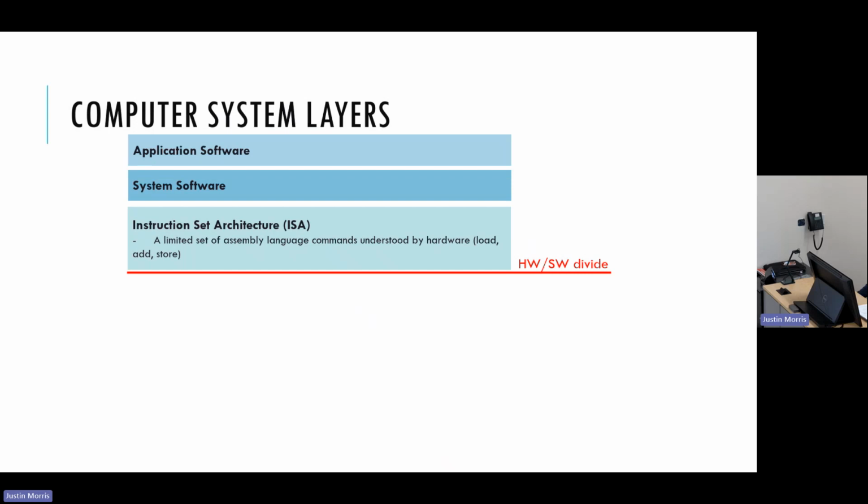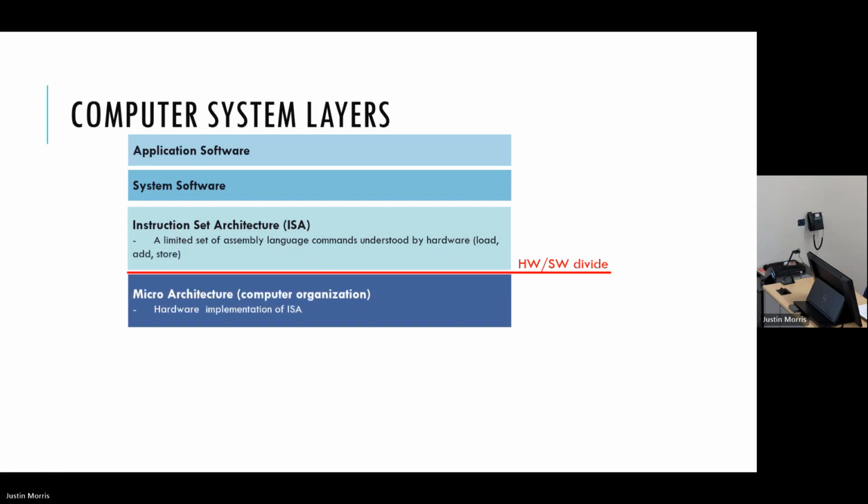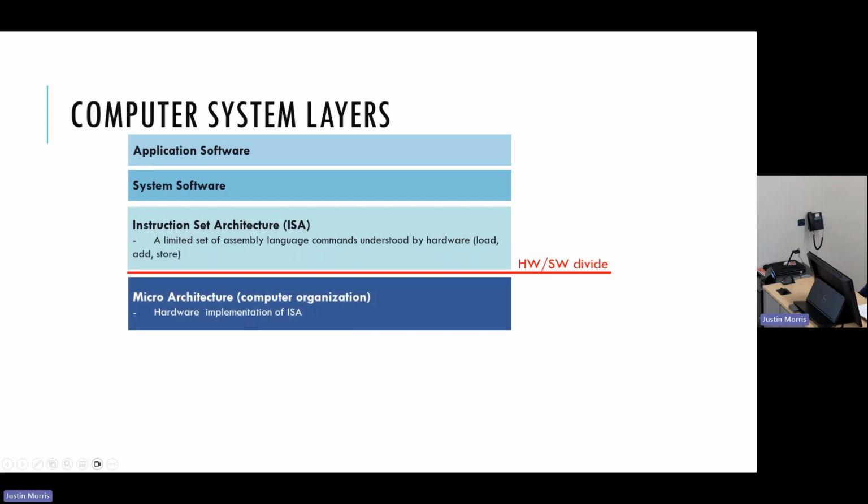And then under that, we have the instruction set architecture. So this is the list of commands that are understood by the hardware. And then below the instruction set architecture is where we get to the actual hardware. So we have the microarchitecture, so the actual hardware implementation of the ISA. And you can have multiple different hardware implementations implementing the same ISA.